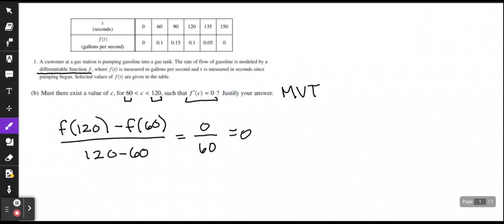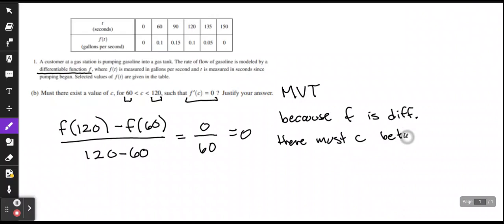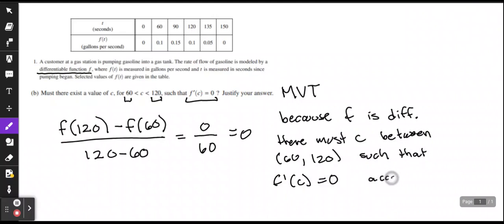So this tells us that, because f is differentiable, there must be some c between 60 and 120 such that f prime of c is equal to 0, according to the Mean Value Theorem.